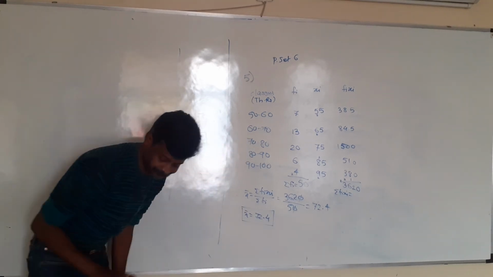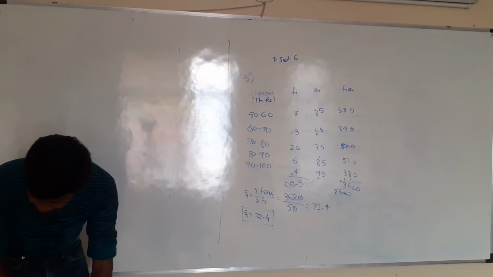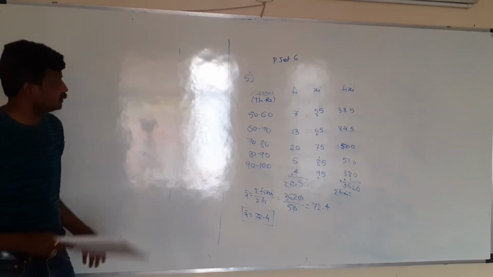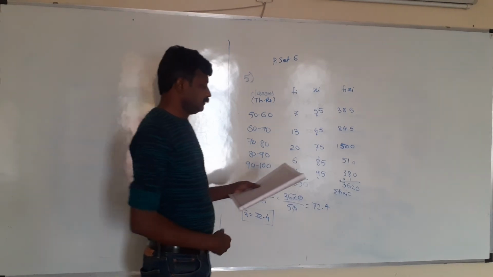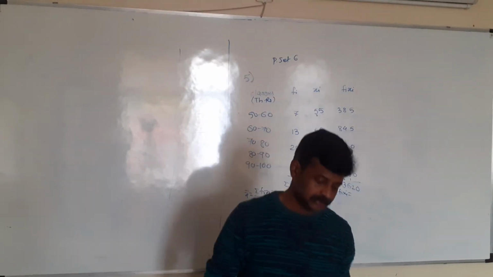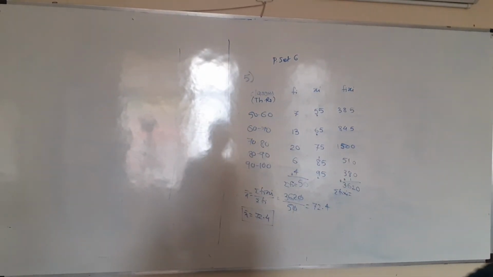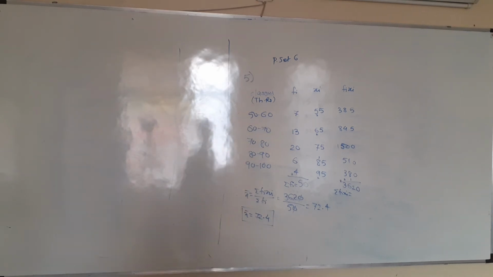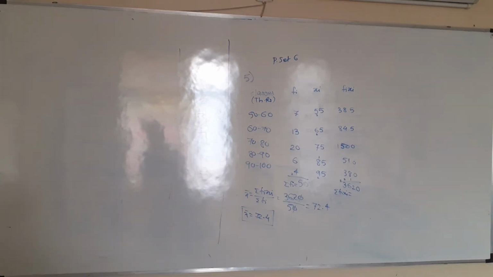What is the question? Question number 5. The following frequency distribution table shows the amount of aid given to 50 flood affected families. Find the mean of the amount of aid. So here the sentence will come, mean amount of aid is 72.4 thousand rupees. The unit is very important.